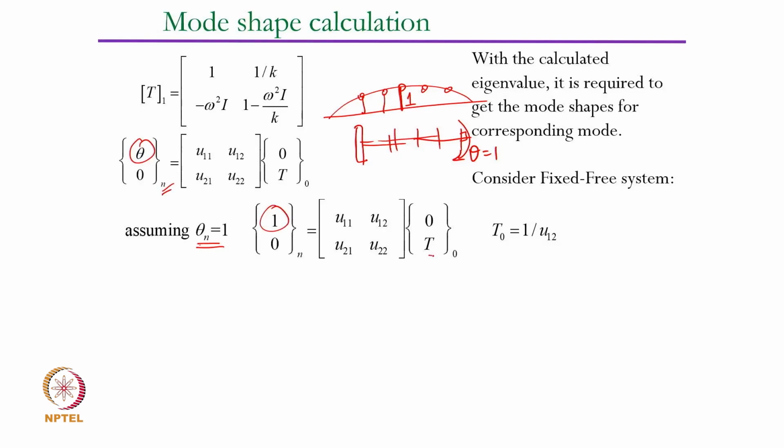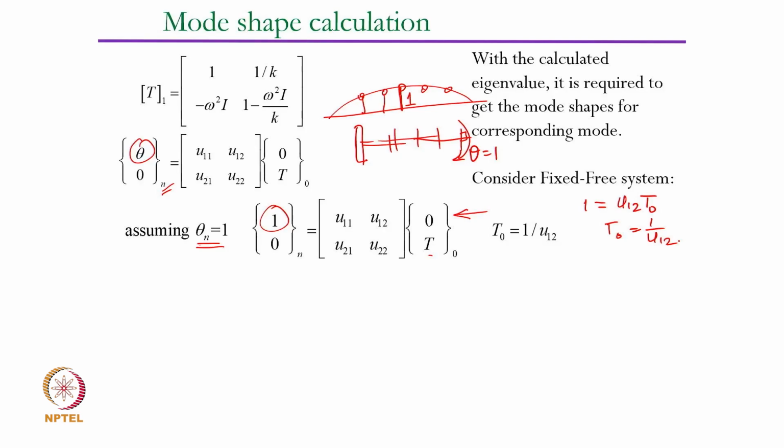By solving the equation, you get u12 into T naught is equal to 1, isn't it? If you take the first equation, 1 will be equal to u12 into T naught. So T naught will be 1 upon u12.